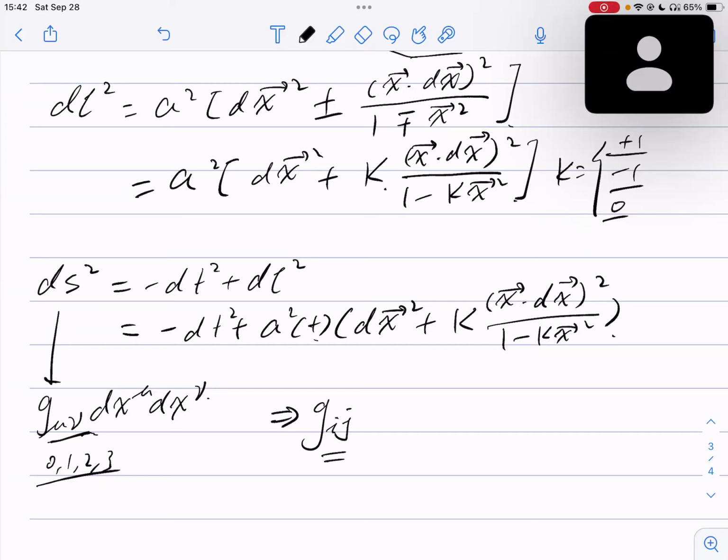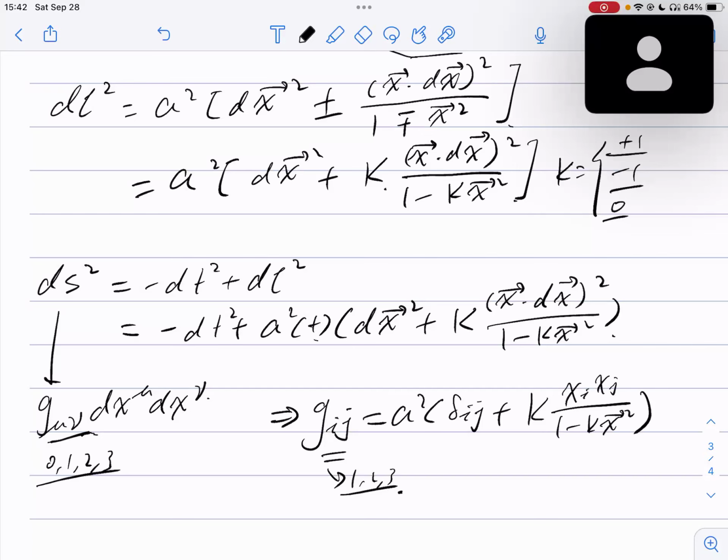But if I use Latin ones, it only ranges over 1, 2, 3, just the space components. g ij equals a squared times delta ij plus k xi xj over 1 minus k x squared.